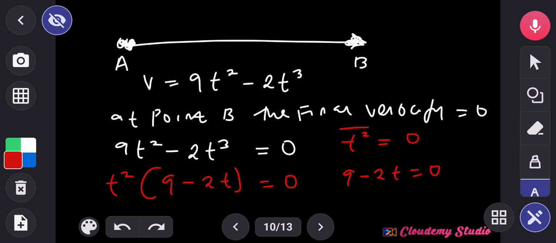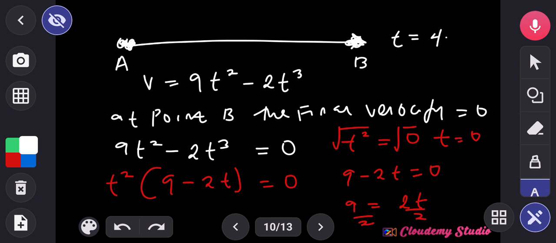If you solve this, it means that time can be equal to 0, which is practically not possible in this case, or 2t equals 9. Divide both sides by 2. It means that the time taken to reach point B equals 9 over 2, which is 4.5 seconds. That's the time taken for us to move from point A to point B.